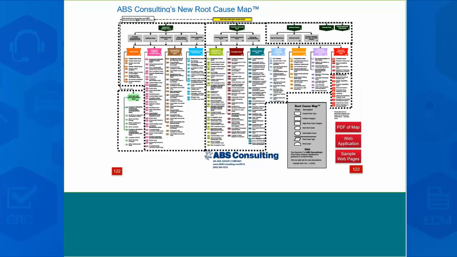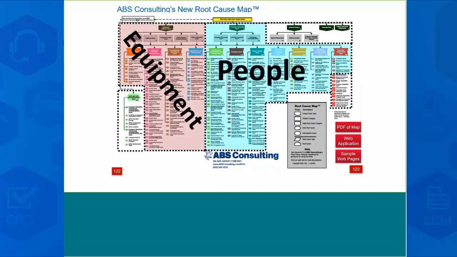Many of these maps have similar organization. There's an area on the map that deals primarily with equipment. So those are things like design, equipment reliability, parts. There's another section of the map that you can use to identify people-oriented intermediate causes: procedures, training, human factors, supervision.